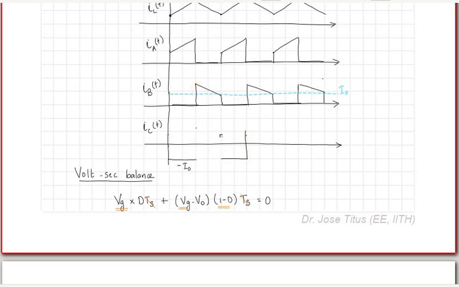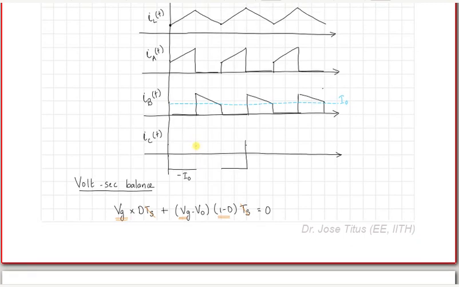So let me draw it as a smaller waveform. This would then be the way the capacitor current would look like. So this is minus I0 and this is simply IL minus I0.